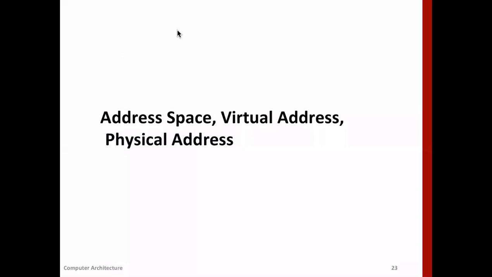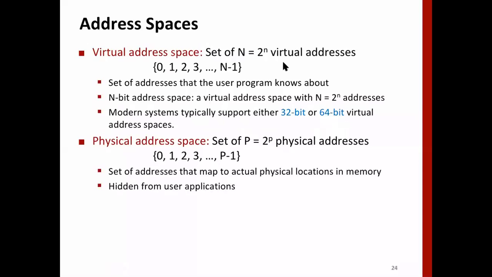All right. Very simple things we have discussed so far, so let's understand what address space is. We have already discussed this earlier. The programmer has a view only of the virtual address space.